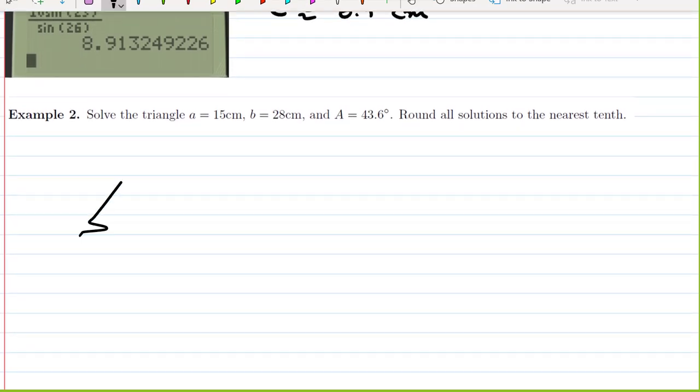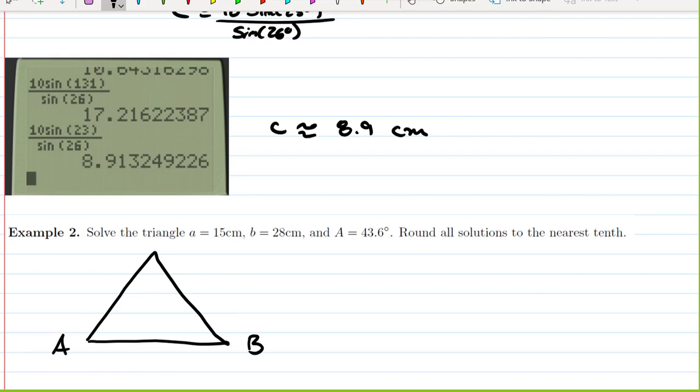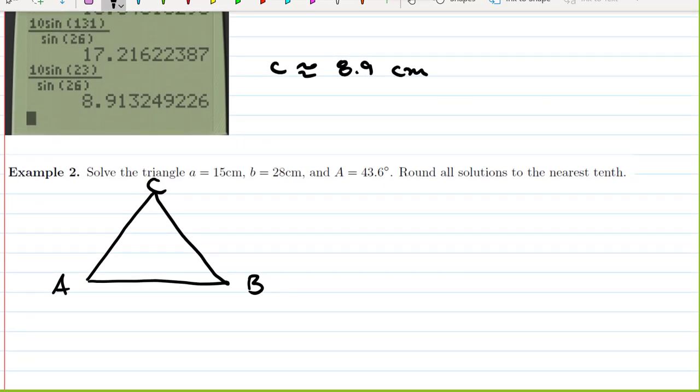Let's draw our triangle. We have our A, we have our B, we have our C, and we start labeling. So side A is 15, side B is 28, and angle A is 43.6 degrees.